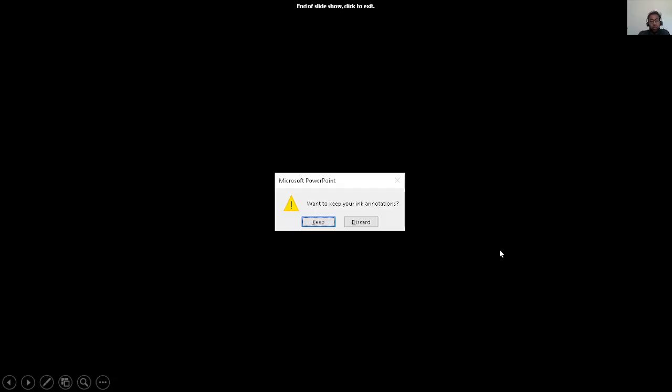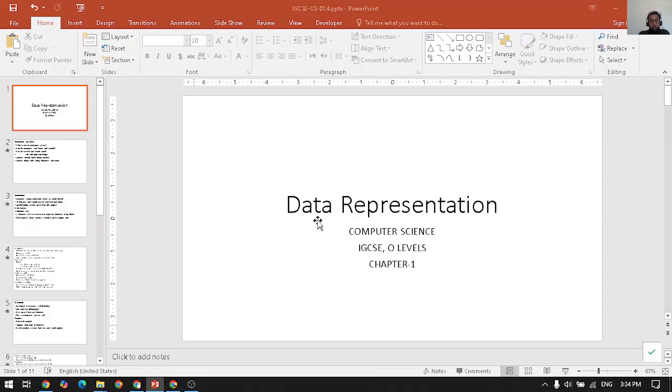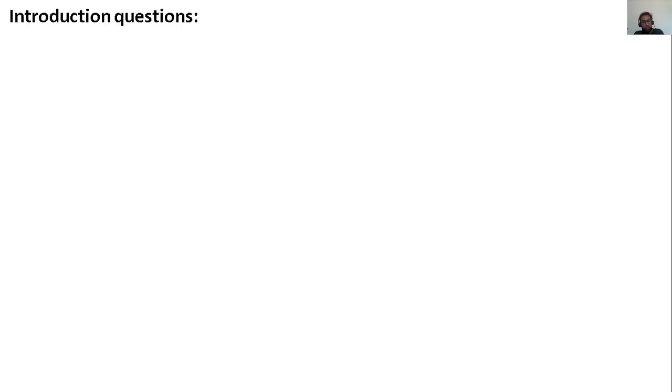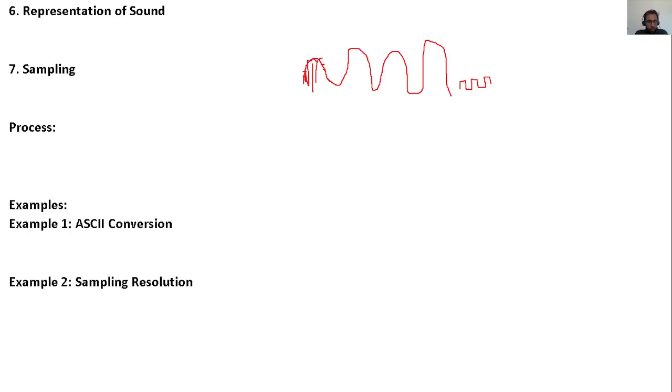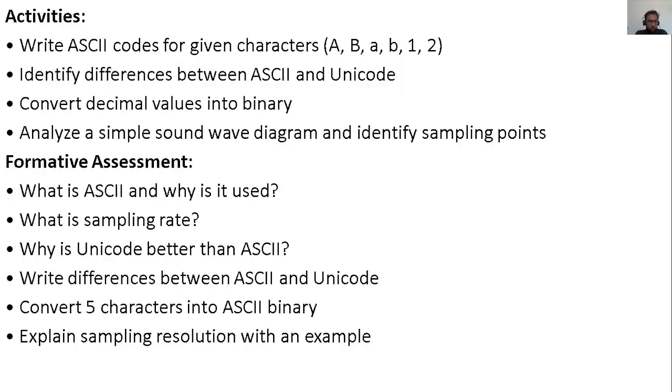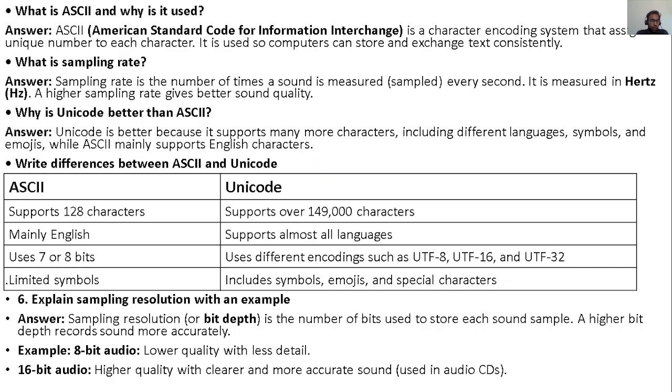Explain sampling resolution with the help of an example. Okay, I've lost my slide. Let me go back to the question answers. It is asking, explain sampling resolution with an example.